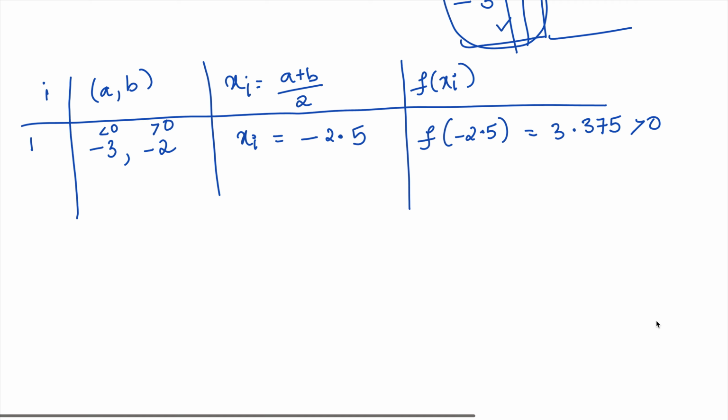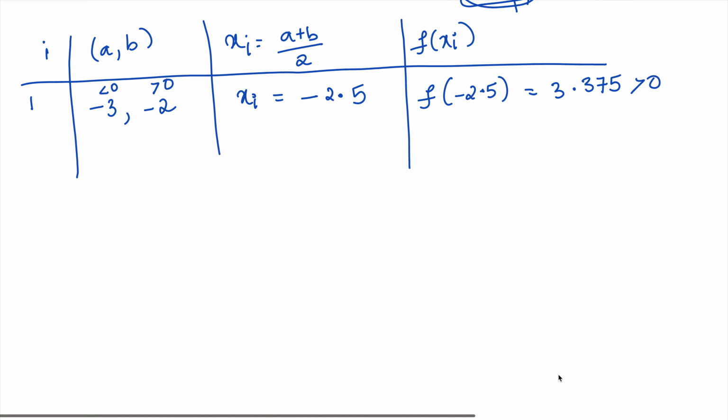Now if we see here, we had minus 3 and minus 2. F of minus 3 was less than 0 and f of minus 2 was greater than 0. The middle number is minus 2.5, and it is giving us greater than 0.